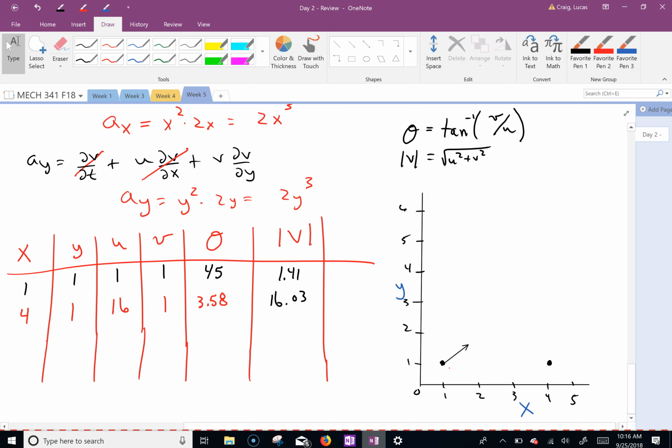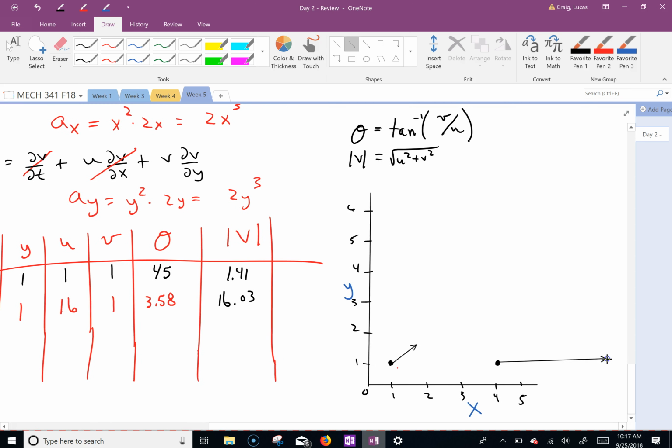So we got the magnitude, we got the angle. So we're at 4.1. When we draw this, it's pretty much going to be like that, right? And it should be how many times bigger than the other one? 16, okay?